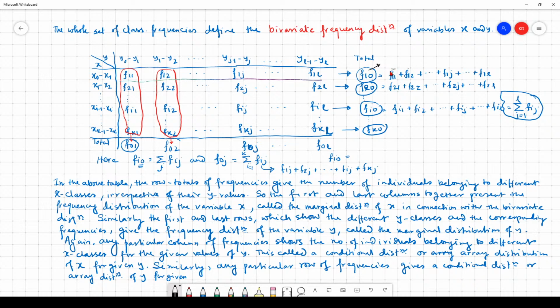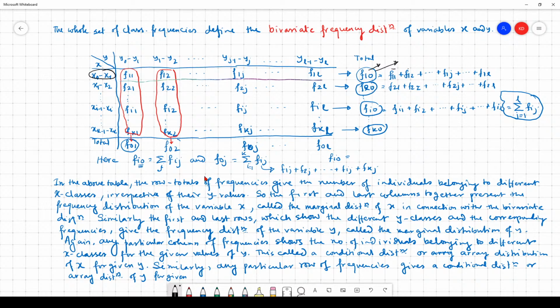This gives the marginal frequency corresponding to the first class of x, x0 to x1.